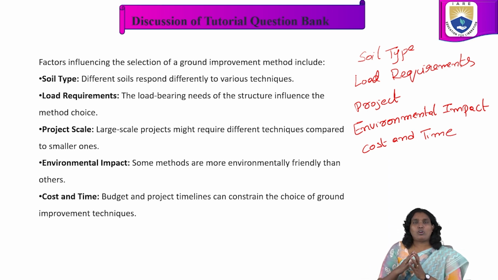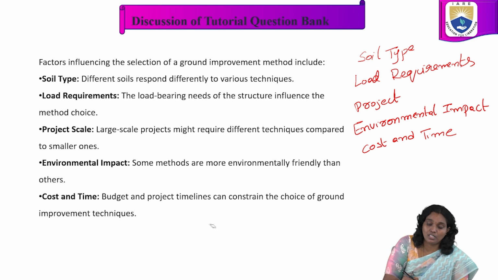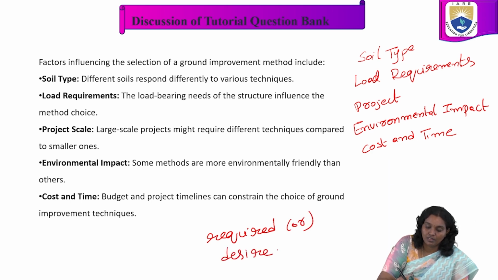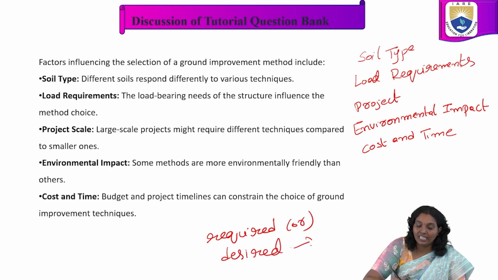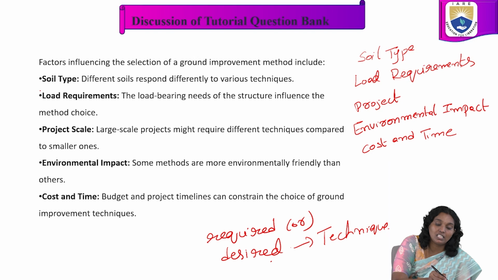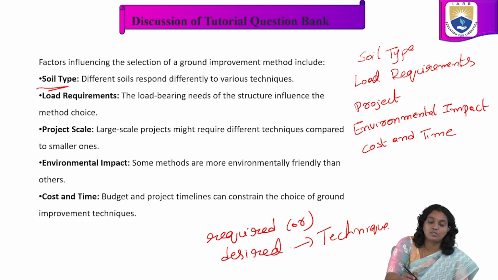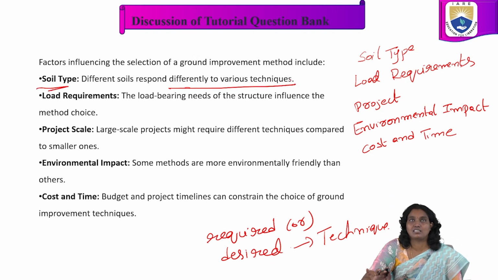So based on the soil property and the required or desired property, we are going to choose the technique. For getting this desired property, we also have to understand the soil type. Different soils respond differently to various techniques.